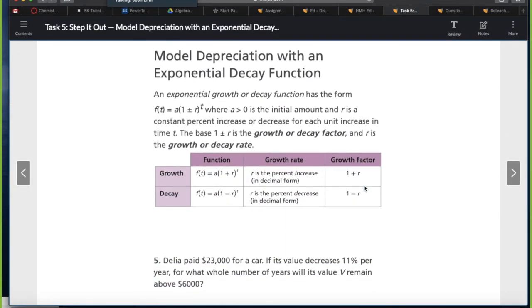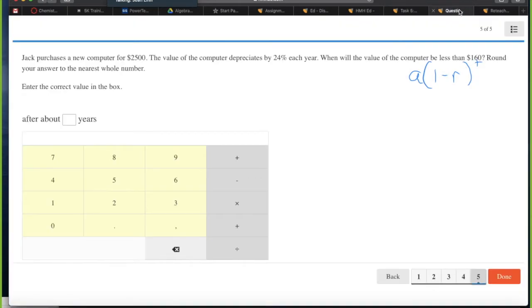So it's a computer, it starts at one price going down, so you know that it's decaying. So our formula is going to be A(1 minus r) to the power of t, where r is the rate. So now let's go back to our question. A is our initial value, so we've got 2,500, times 1 minus our rate, which is 0.24.